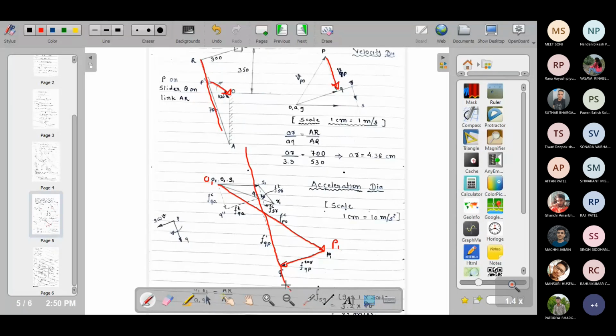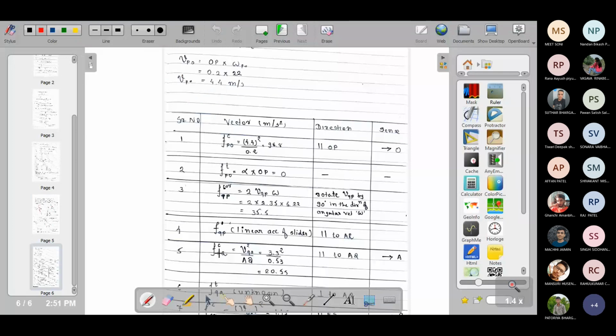The linear acceleration. When we discussed theory, at that time we saw the first term is the linear acceleration. So I have drawn this line as the first vector. Okay, now moving next. Now the centripetal component of QA.